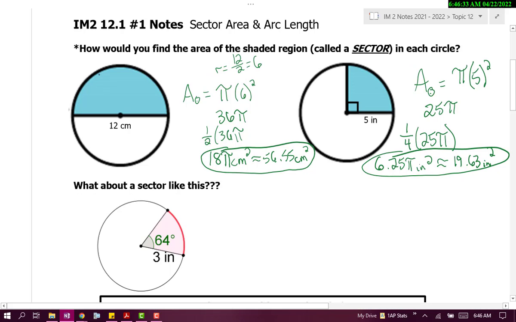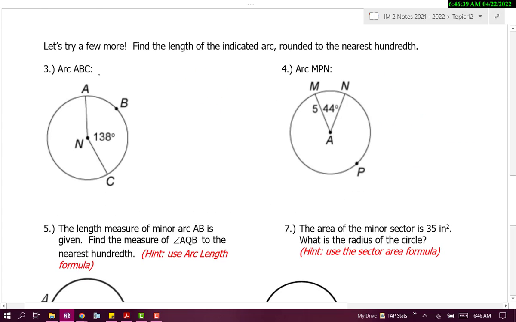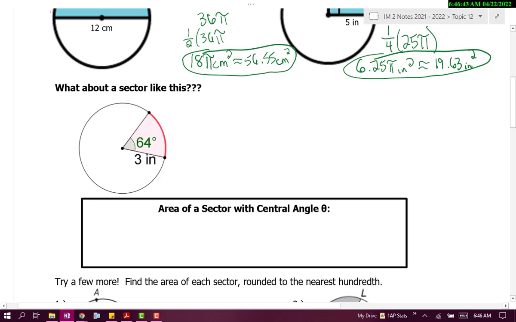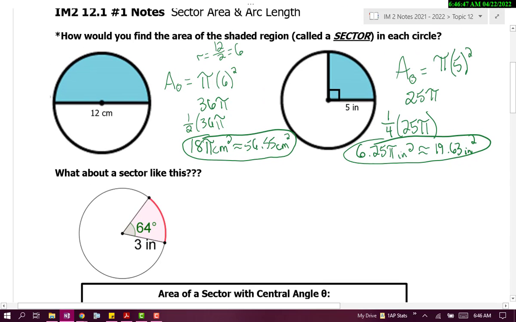It's nothing different than really what we've done before. So now what about a sector like this? 64 degrees, we got our radius. Well, we don't know how much of a circle 64 degrees is. So, we knew that in the first one it was half. Because what is the measure of this angle? Well, that's 180 degrees.